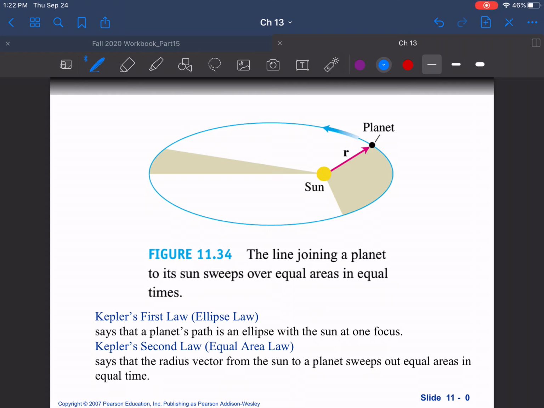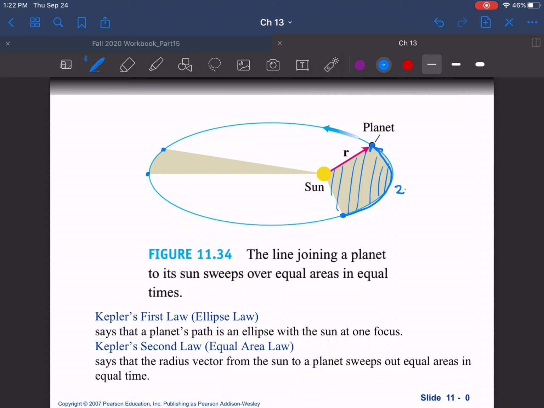What Kepler noted was that if you watch a planet move for a certain period of time, say we started here and then we waited 2 months until the planet reached over here, and we looked at the pizza slice area that was filled in there, and then we took any other place in the orbit over the same period of time.